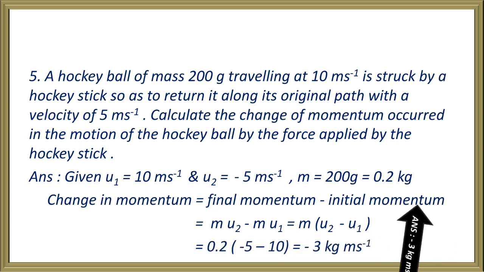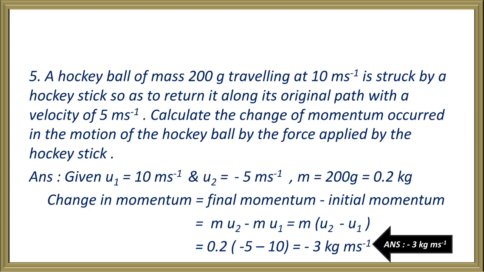Now in question 5, a hockey ball of mass 200 gram traveling at 10 meter per second is struck by a hockey stick so as to return it along its original path with a velocity of 5 meter per second. Calculate the change of momentum occurred in the motion of the hockey ball by the force applied by the hockey stick. So here u1 equal to 10 meter per second, u2 equal to minus 5 meter per second, m equal to 200 gram, which is 0.2 kg.